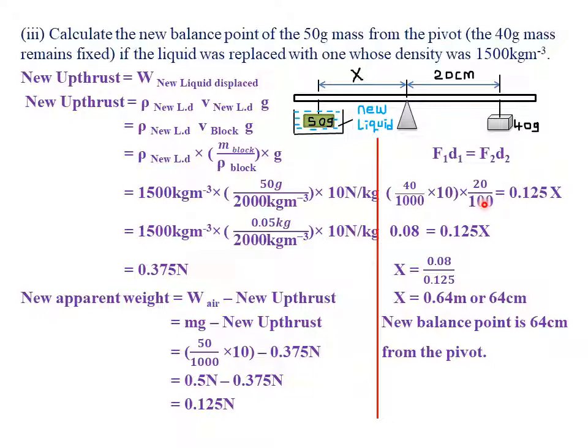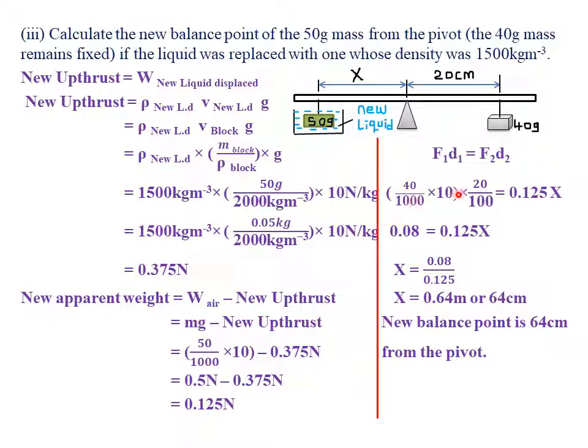I'll divide by 100. Then F2 will be the apparent weight at this particular point, which we have computed as 0.125 Newton, times the perpendicular distance of the 0.125 Newton from the pivot. I've given it the letter x, so 0.125 times x.